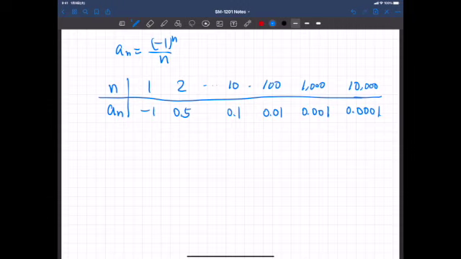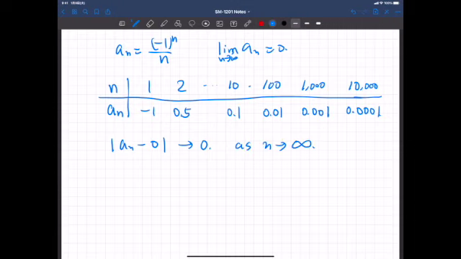So we've seen that the limit of this sequence is 0. This means the difference between an and 0 approaches 0 as n goes to infinity. As you can see, this is -1, 1/2, 0.1, 0.01. So it gets smaller and smaller as n becomes bigger and bigger.